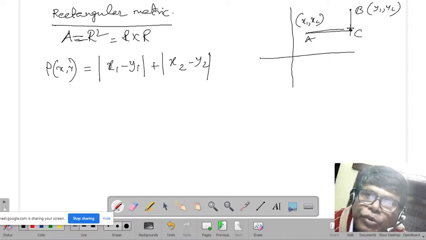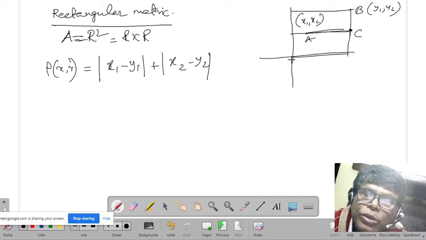The difference along this part is x1 minus y1, and the difference along the other part is x2 minus y2.